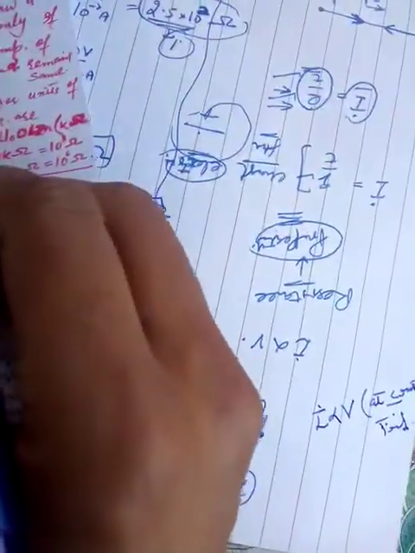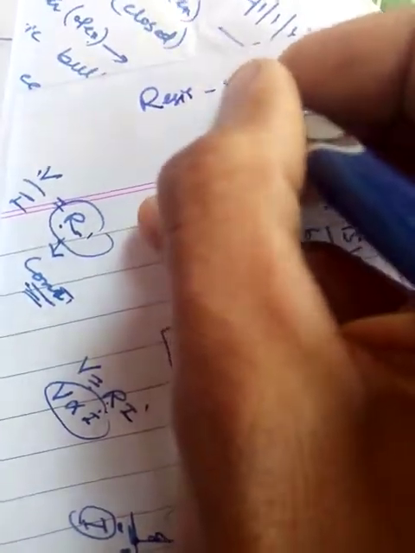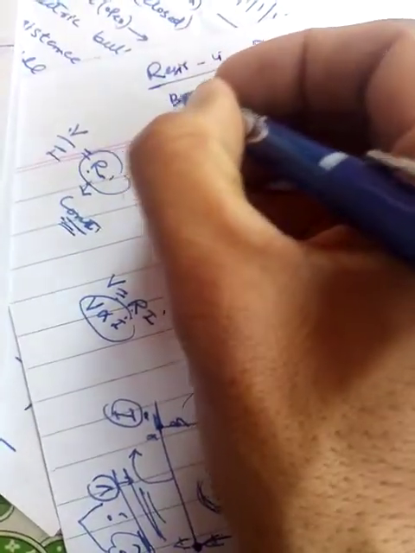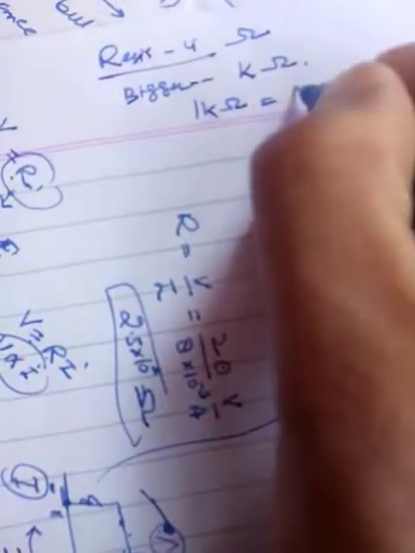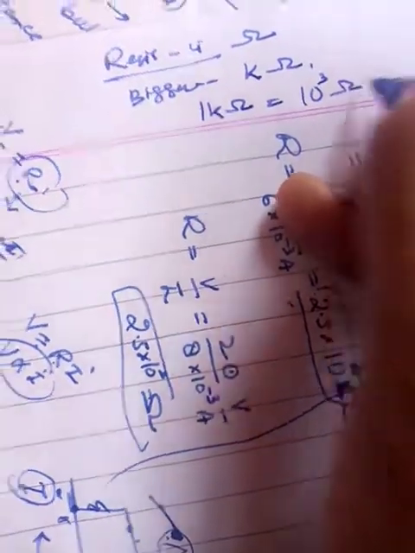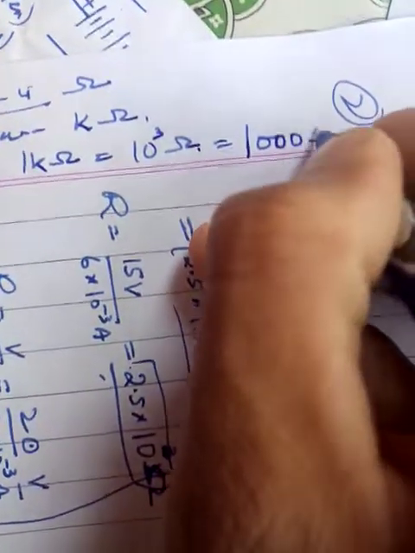Now the second thing is bigger units of resistance. The unit of resistance is ohm. But if we are measuring resistance in bigger units, then the bigger unit is kilo ohm. 1 kilo ohm, kilo means 10 raised to the power 3 ohm, or we can say it is equal to 1000 ohm.